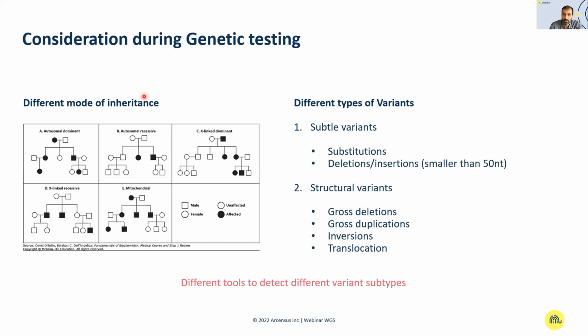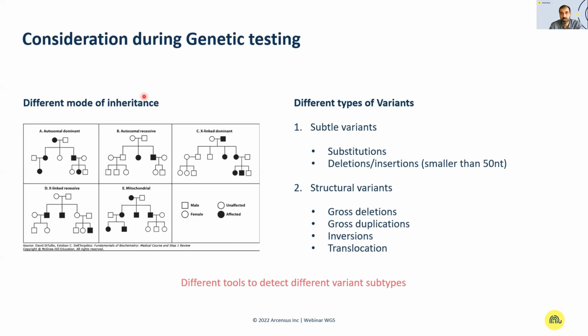The majority of the disease-causing variants are caused by what are called subtle variants. These are either substitutions, meaning a single nucleotide change from one nucleotide to the other, or deletions or insertions that are smaller than 50 nucleotides in size. The second part are structural variants, which are in general gross deletions, meaning deletions or duplications that are larger than 50 nucleotides in size.